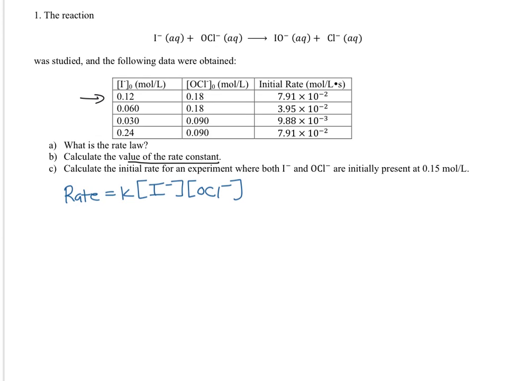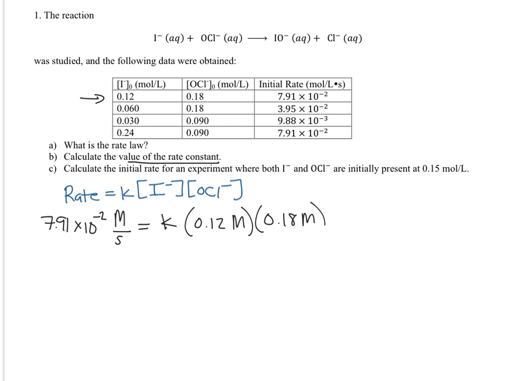So let's put it in, 7.91 times 10 to the negative 2, and that's with units molarity per second equals a mystery K times 0.12 molarity times 0.18 molarity. When we simplify this, we'll find that our K is equal to 3.7 when you round properly, with units of 1 over molarity times seconds.